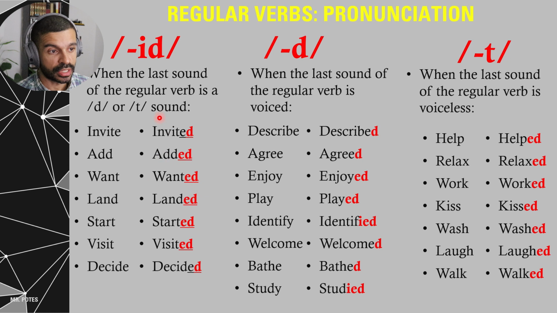Because in communication, that's what is important. When you watch movies, series, or when you're talking to native speakers even, you can't really tell all the time whether they are pronouncing a D or a T sound at the end. But you can notice if someone makes a mistake saying "describe it", that is obviously incorrect.